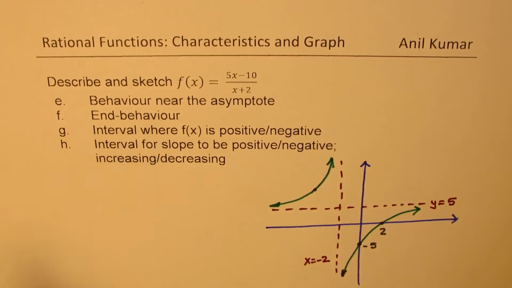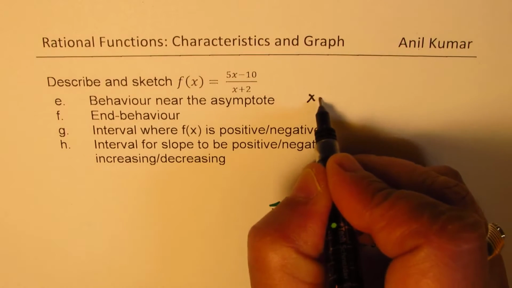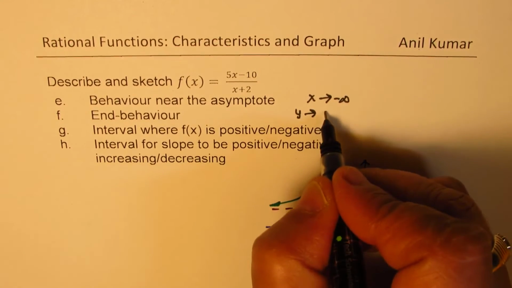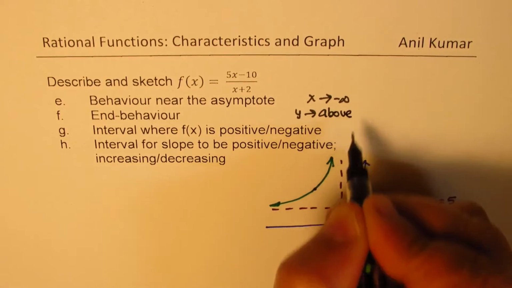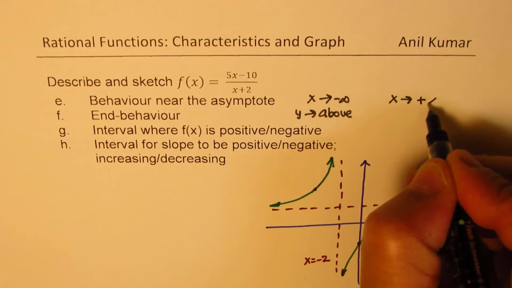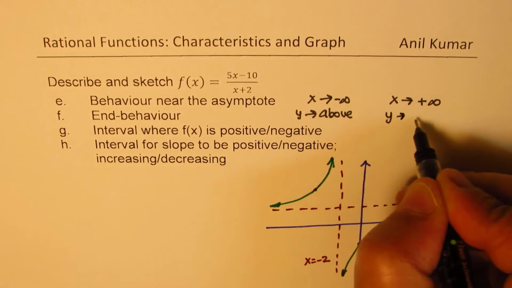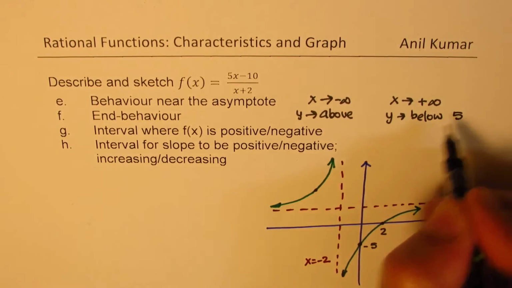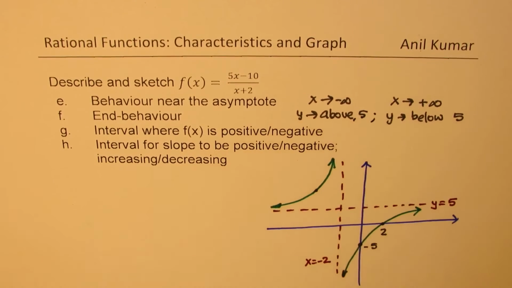As far as end behavior is concerned, when x approaches negative infinity, y approaches 5 from above, and when x approaches positive infinity, y approaches 5 from below. So that is what you have got so far.